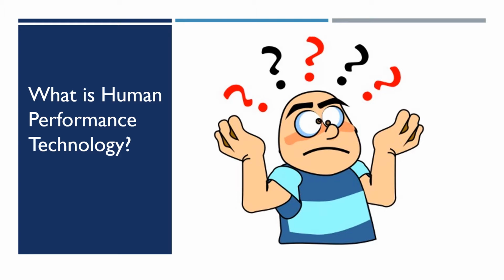And so when we talk about HPT, we are concerned about performance gap, which is gotten as a result of behavior and performance. The word human in the HPT represents the individuals and groups that make up organizations.